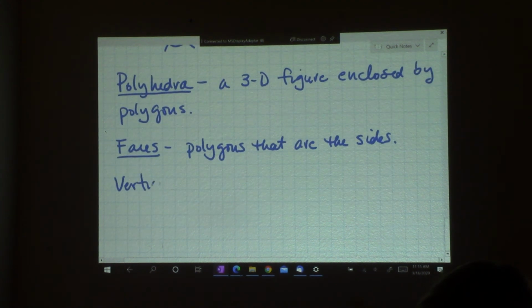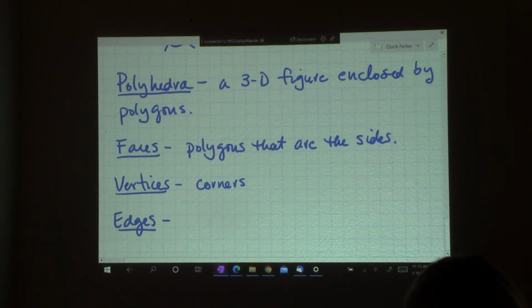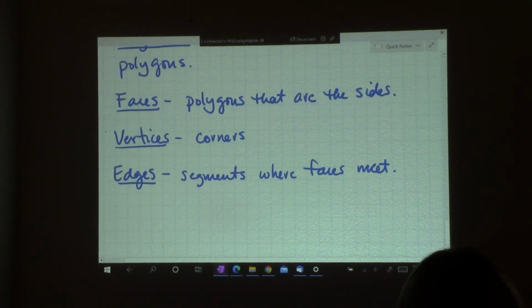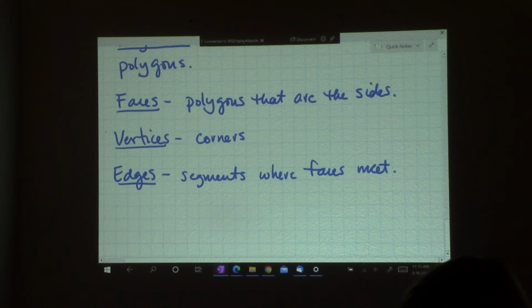Vertices are the corners. Edges are the segments where faces meet. Okay. And our formula again is faces plus vertices equals edges plus 2.